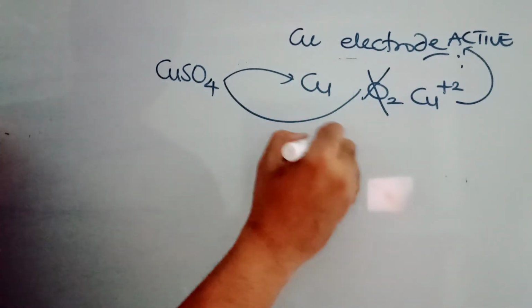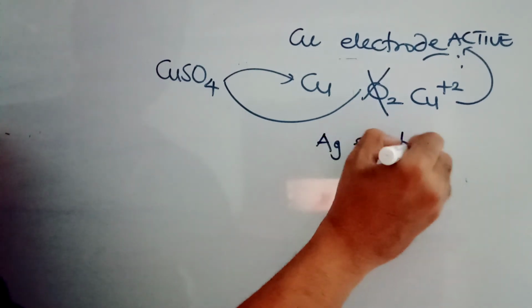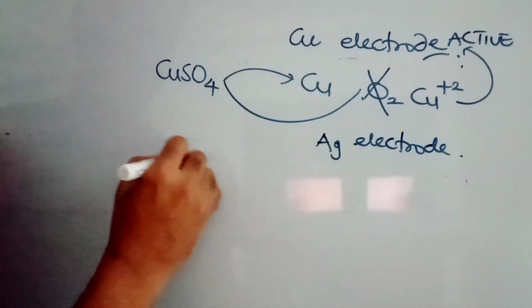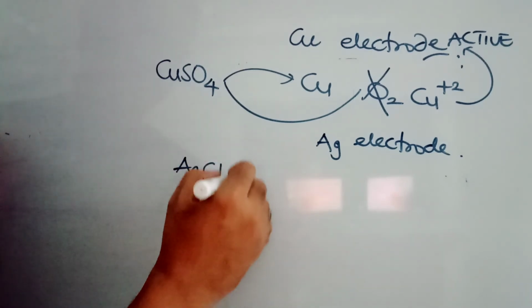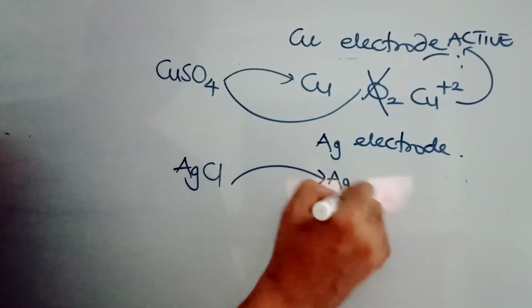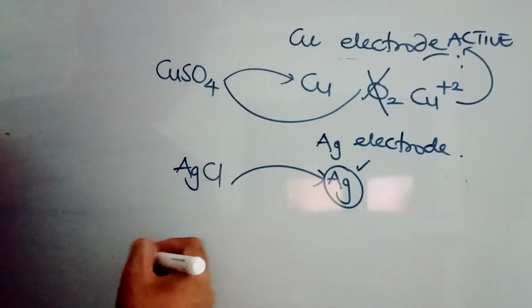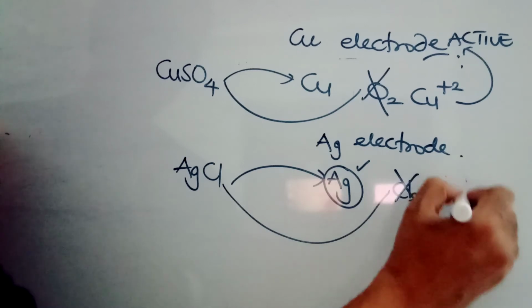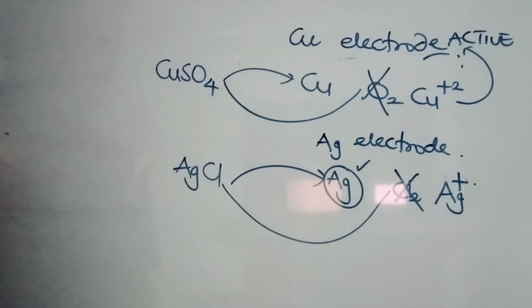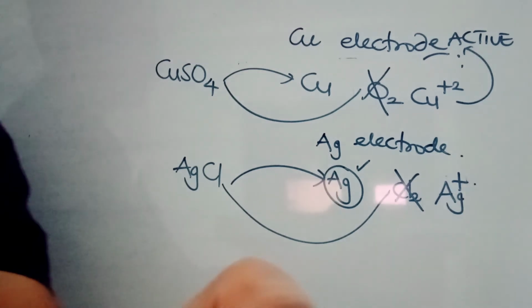If you are using silver electrode and you are going for silver chloride or silver nitrate, what we expect here, at cathode silver is there. Yes, it is true. But at anode you are expecting chlorine, but interestingly you will be getting Ag plus. So silver, copper, nickel, when you are using, they are called active electrodes.